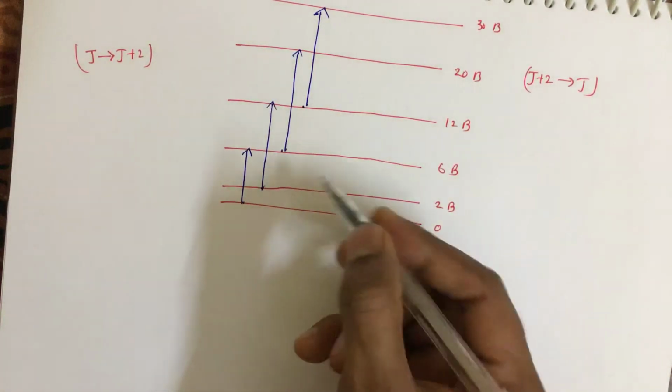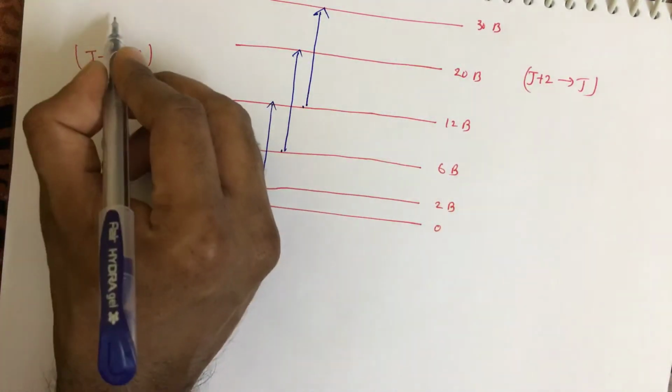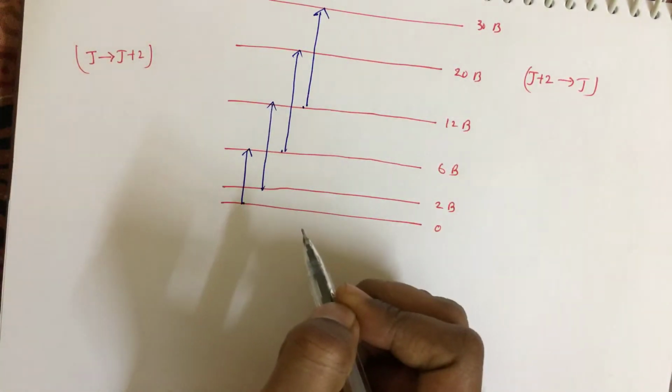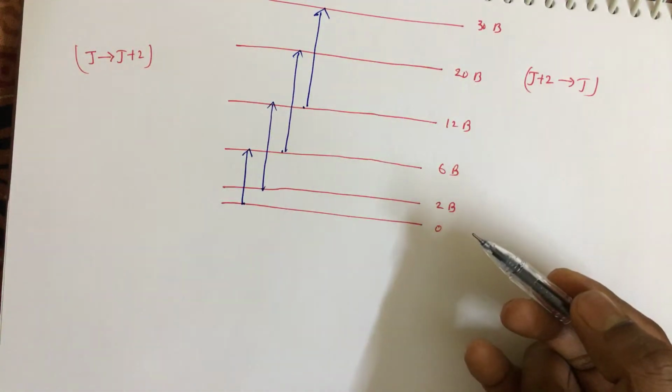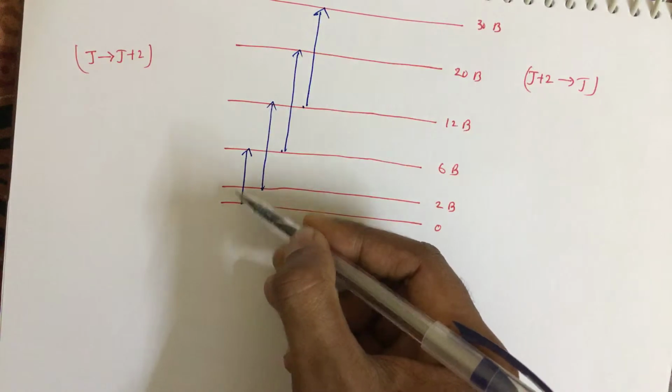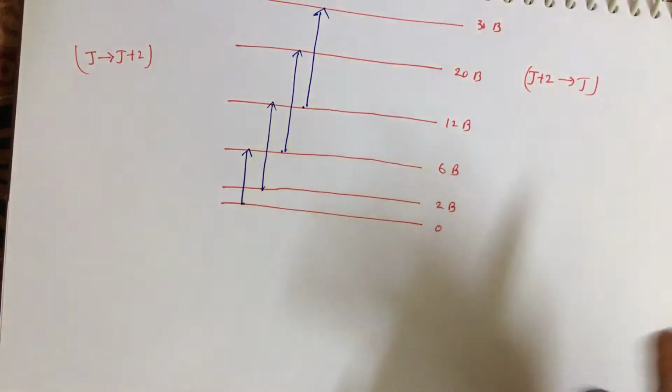So why is there no transition from 0 to 2? I have said already, two quanta of photon are involved. That means a two quantum rotational jump will take place. That means instead of here, this goes here.